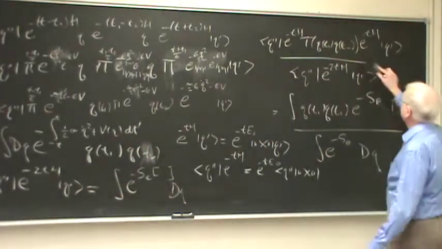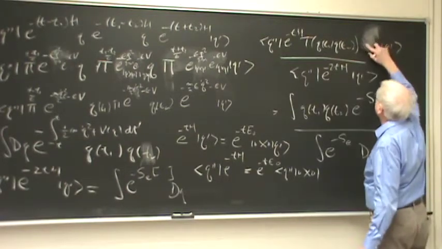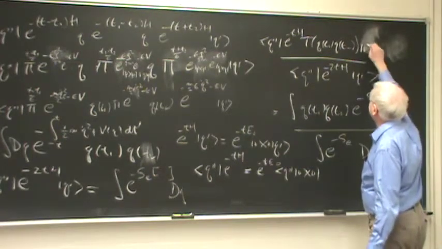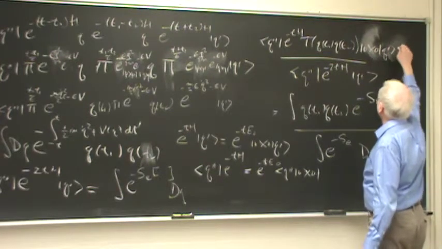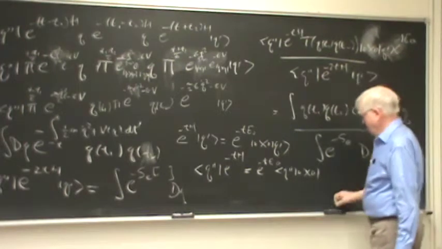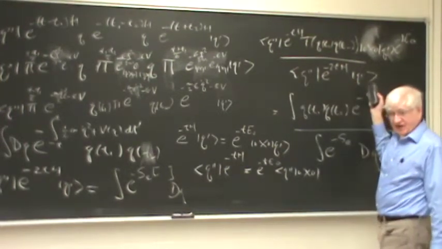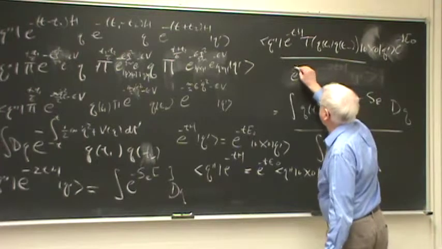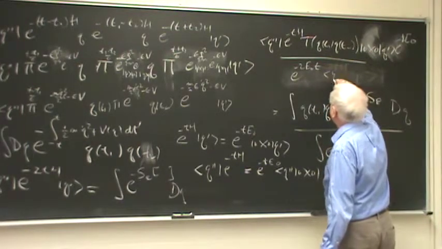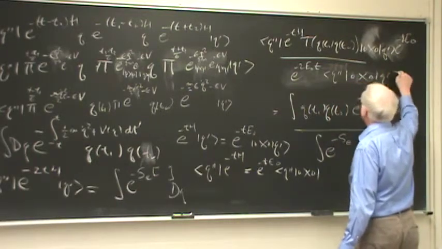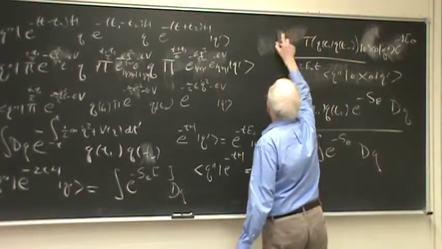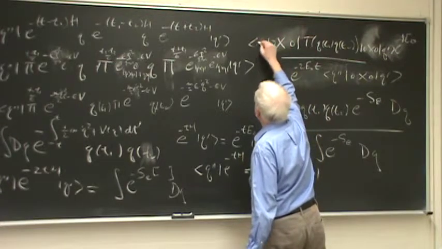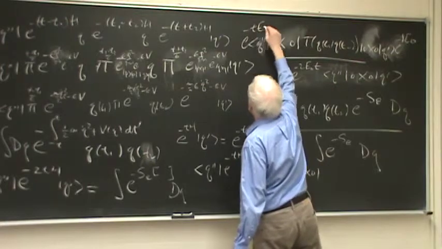Well, let me just act here. This thing turns into 0 0 q prime e to the minus te0, and then down here the same thing happens. In fact, this whole thing turns into e to the minus 2e0t q double prime 0 0 q prime. And then up here, this thing turns into, okay.